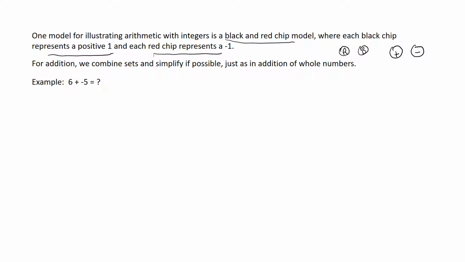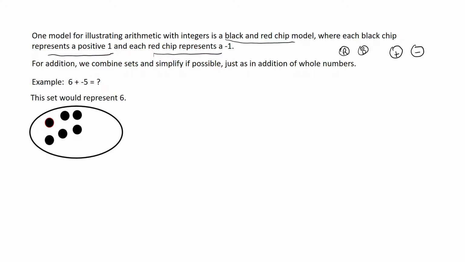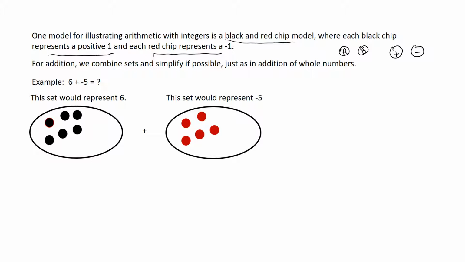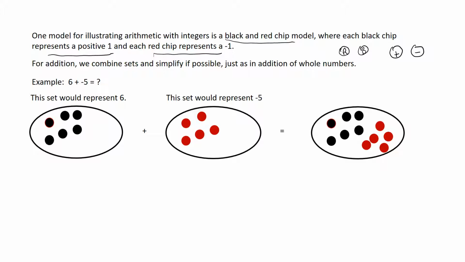I'm going to put down 6 black chips because that represents 6. Then I'm going to add to that, instead of a positive, 5 chips that are red to represent the negative. Now I'm going to combine those sets together. I've got my set of 6 and my set of 5. But each pair of black and red chips adds to 1 plus -1, which is 0.